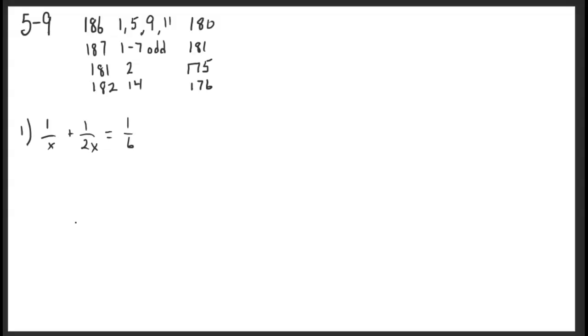Okay, so what can we do here? Well, the first thing I would suggest is to realize that x can't equal 0. Right, so I'm going to put over here x not equal to 0.